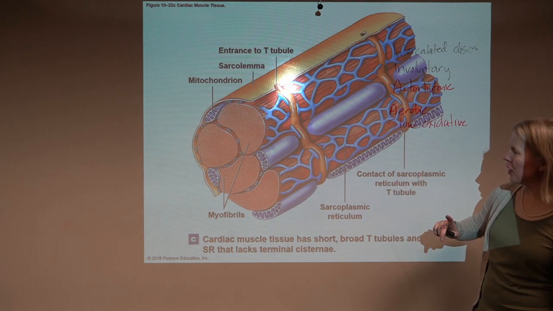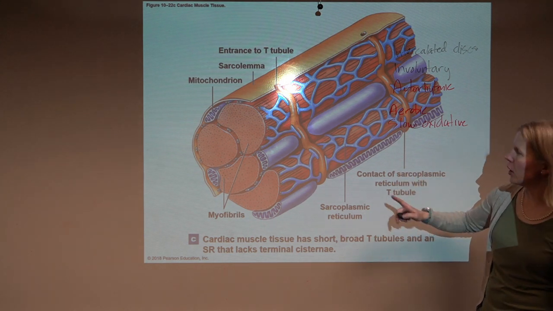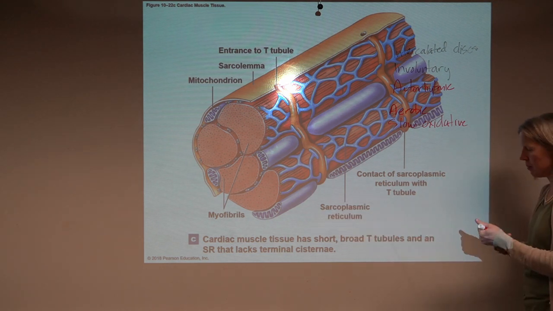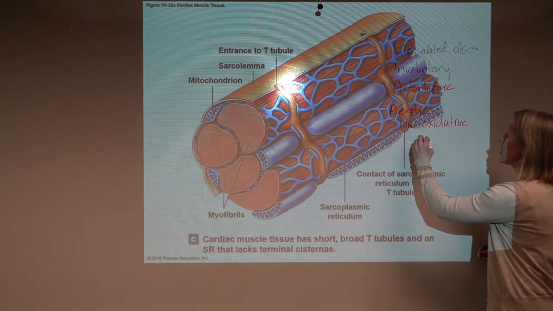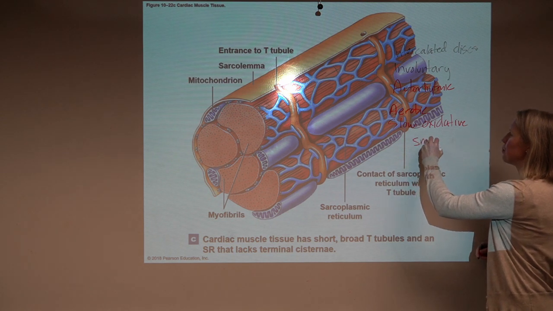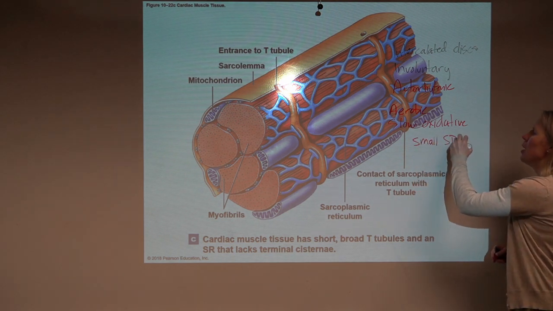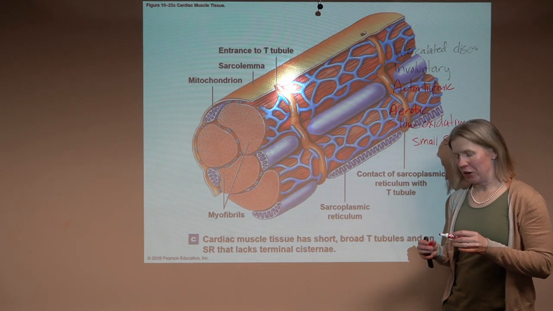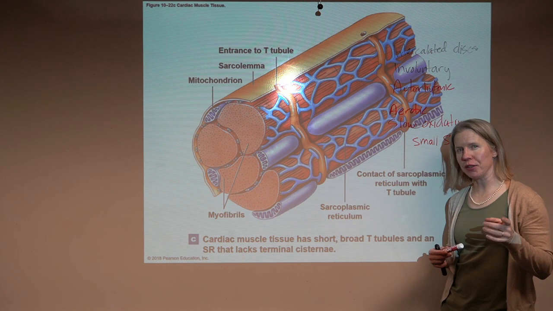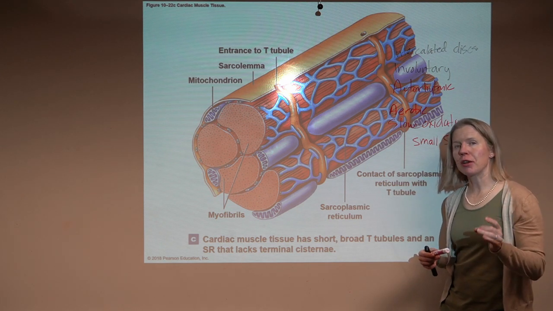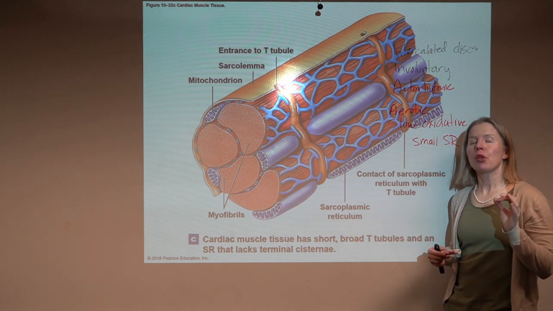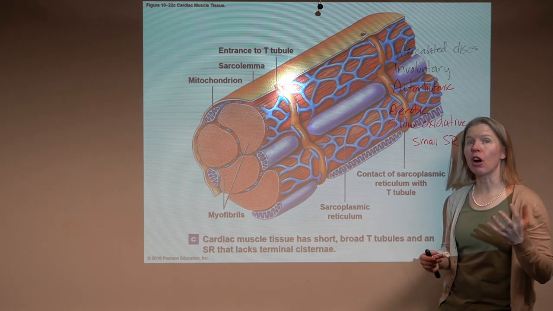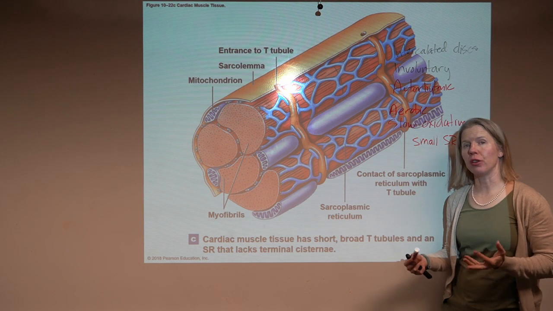I thought this was a really interesting picture that they included. Notice how much smaller the SR is, the sarcoplasmic reticulum. Where this becomes important, right, if the SR was storing calcium that allowed the muscular contraction to take place, cardiac muscle gets less of its calcium from the SR and more from extracellular calcium.